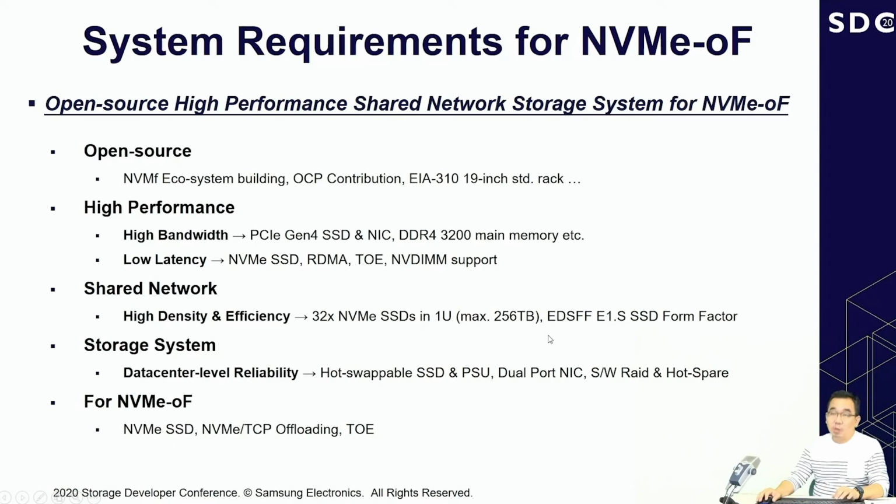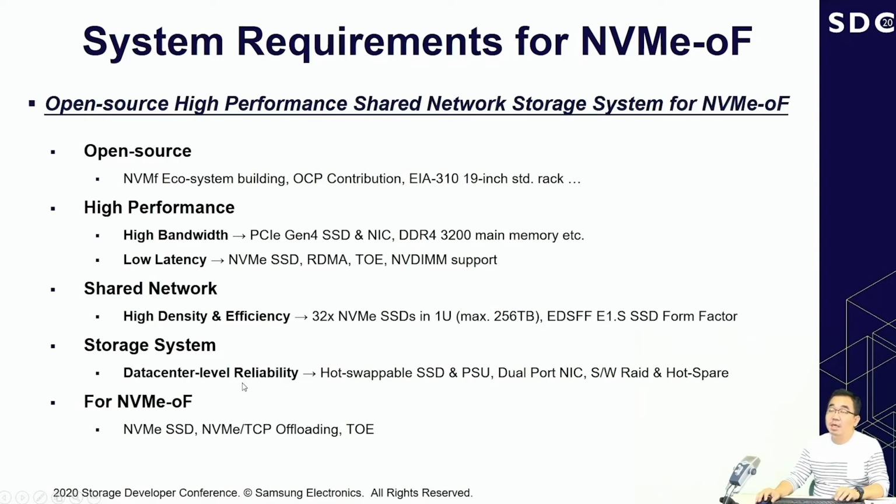And it's a storage system, which means the system should provide some level of reliability to the customer. Since our target is the general data center, our system provides data center reliability.